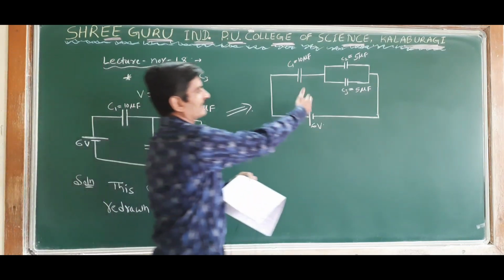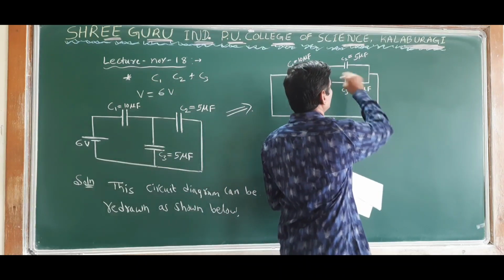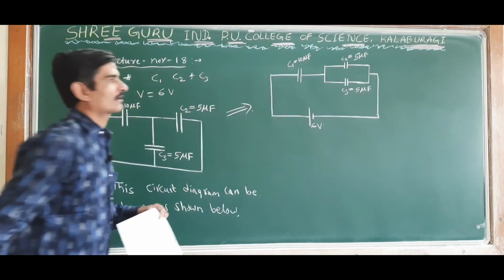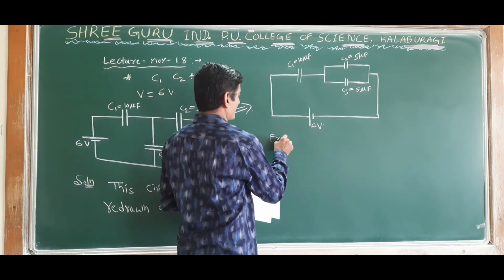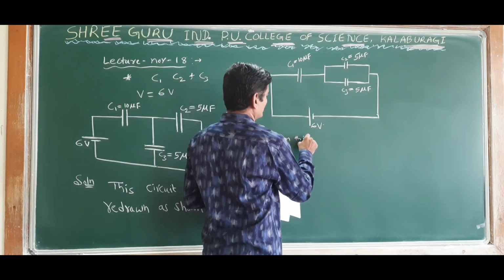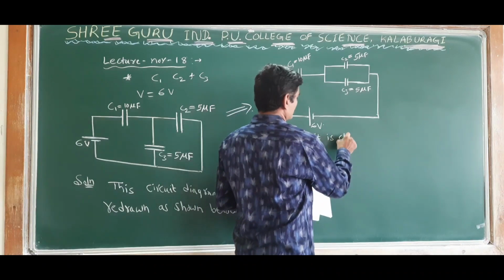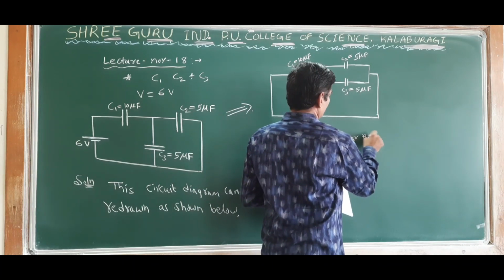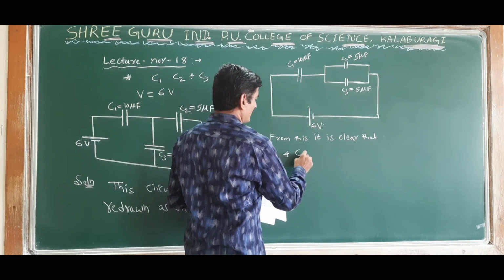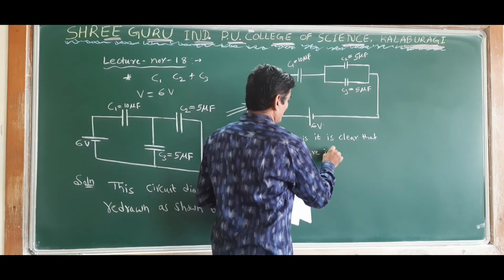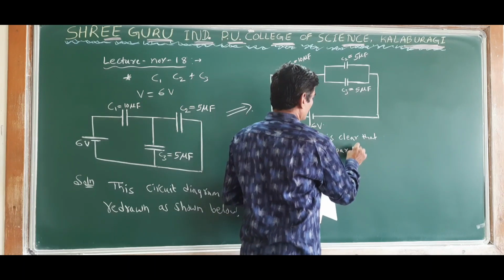So redrawn, the same diagram can be drawn like this. From this, it is clear that C2 and C3 are in parallel.